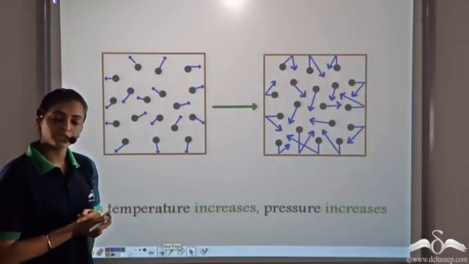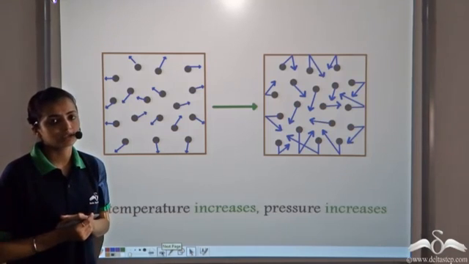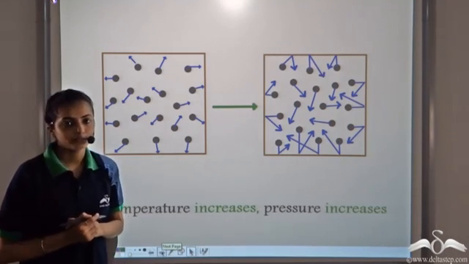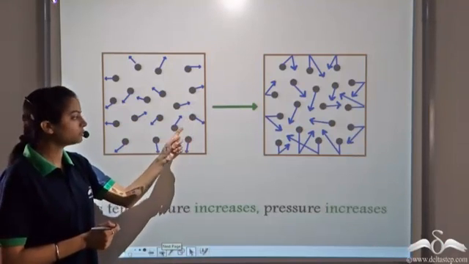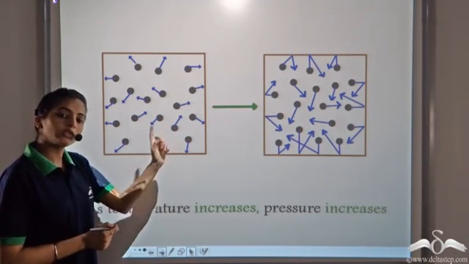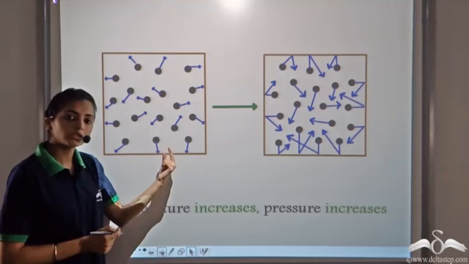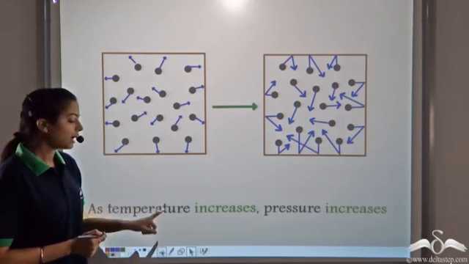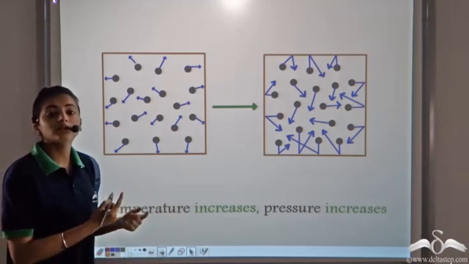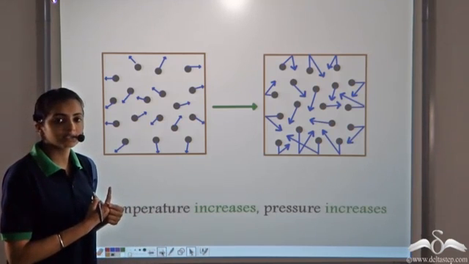So as temperature increases, the pressure increases. Why is that so? This is because if this is the space or the volume in which the molecules are enclosed, we know they are in a state of constant motion, so they collide with one another and with the walls of the container. As temperature increases, the kinetic energy of the particles increases.